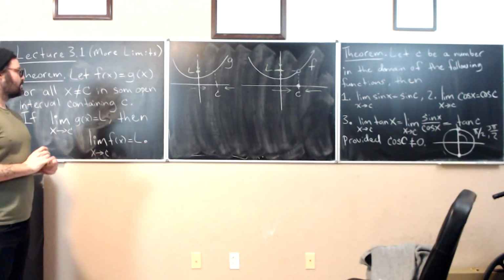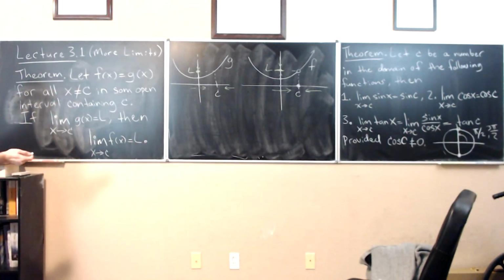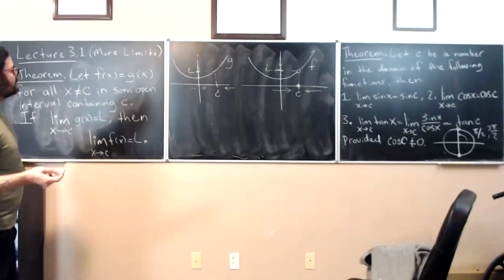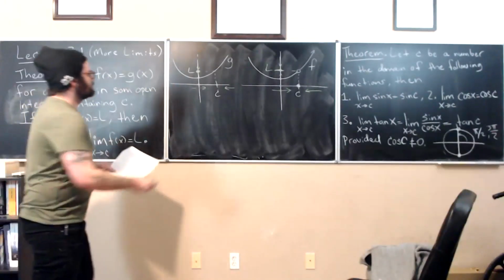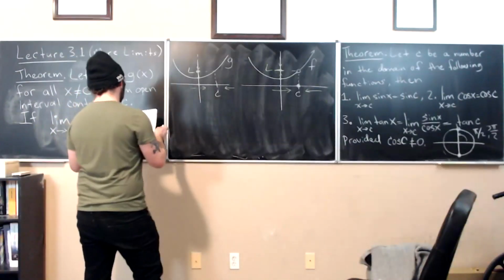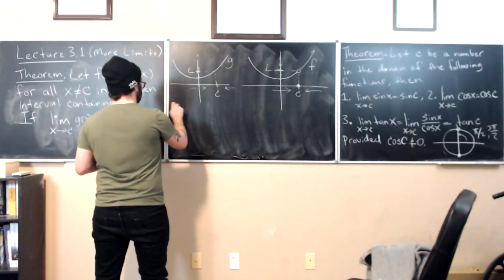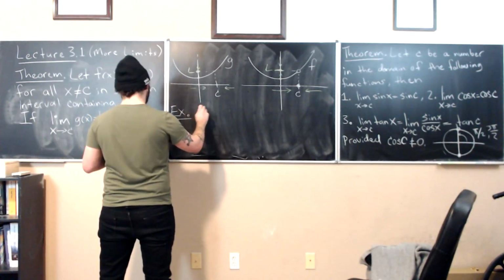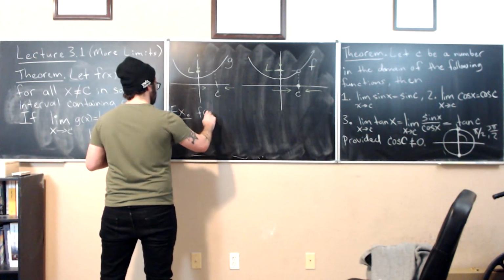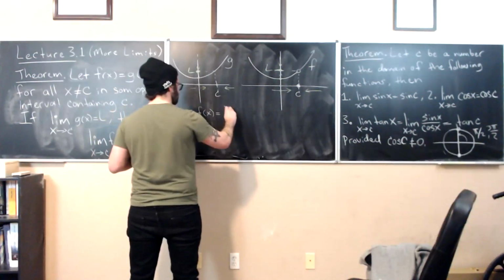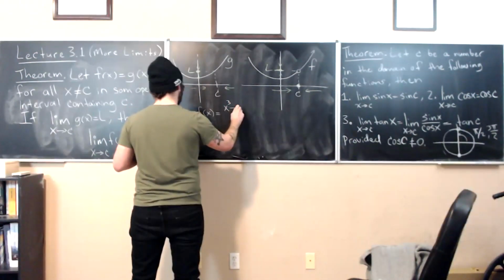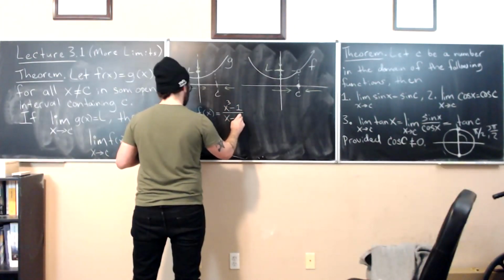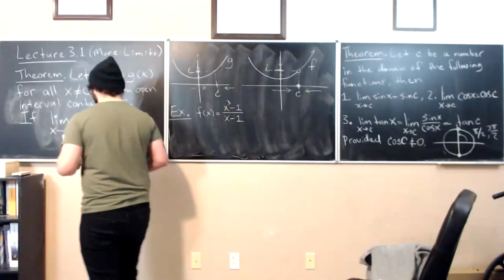Okay? So I think I have an example. This picture might correspond to something like this. We can say f of x is equal to x cubed minus 1 over x minus 1.